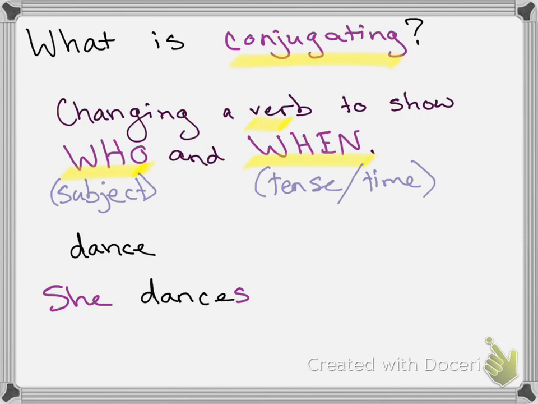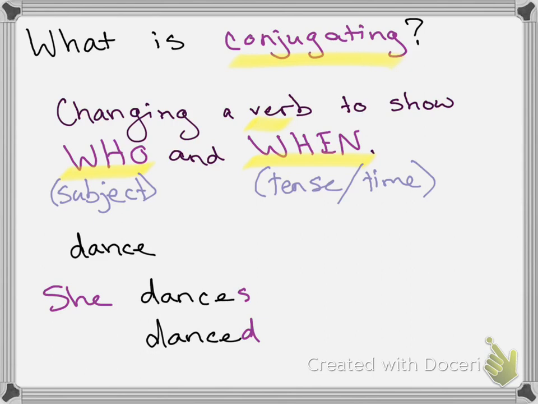She dances. Now this is telling me who, she, the S, because I need that if my subject's she. And when it's happening in the present. She dances. Okay. Now, however, if I wanted to put this in the past, I would say she danced, right? I'm adding this D that shows that it's in the past.